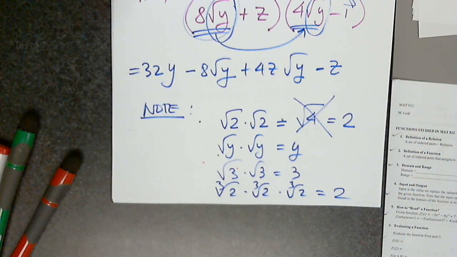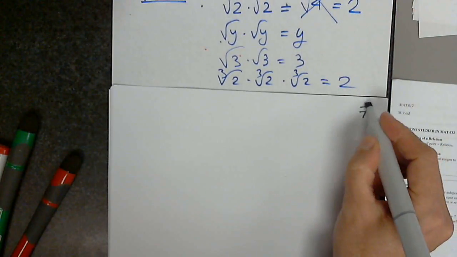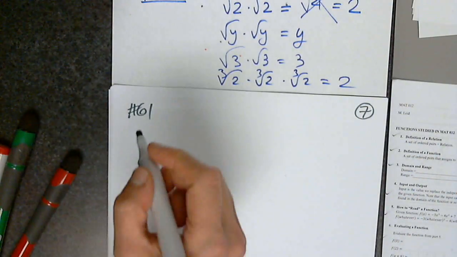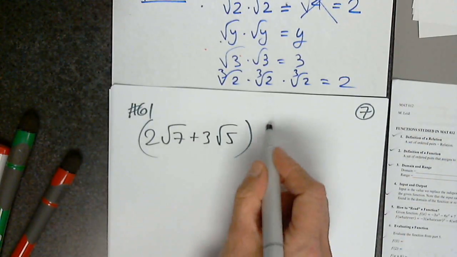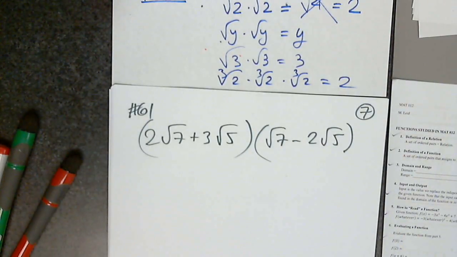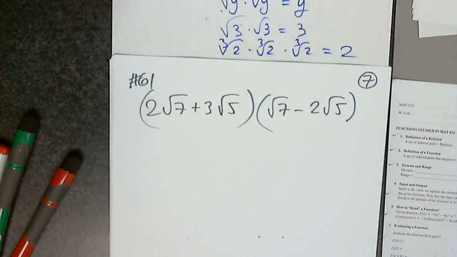Let's look at 61. I would like you to work on it for a minute. So 2 the square root of 7 plus 3 the square root of 5, quantity, the square root of 7 minus 2 the square root of 5.